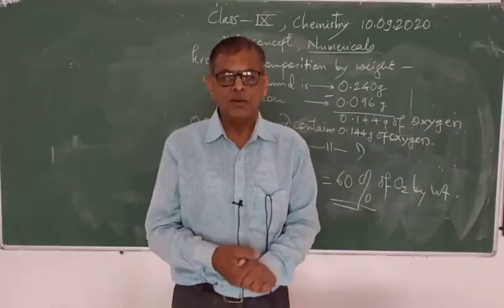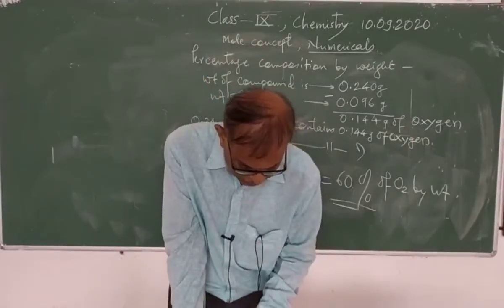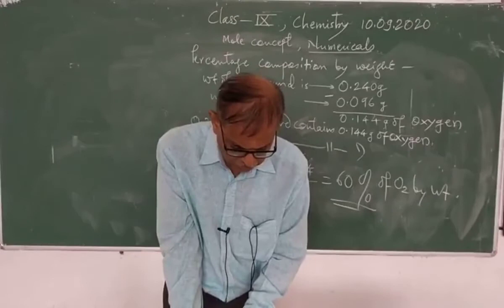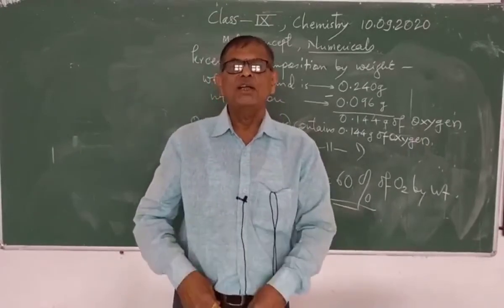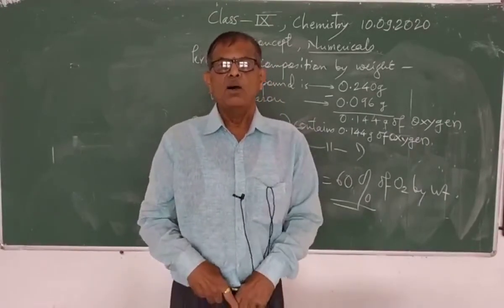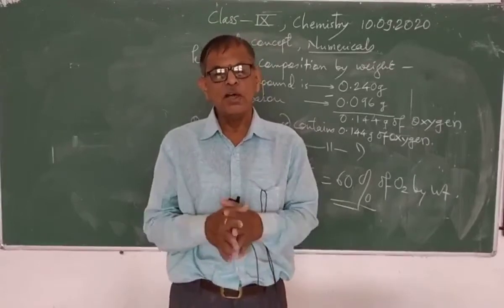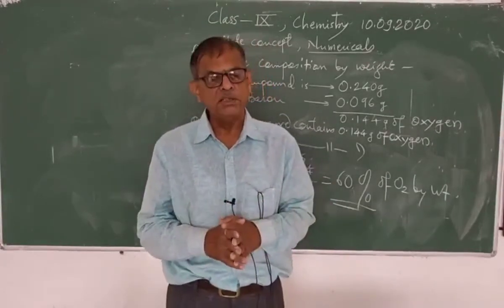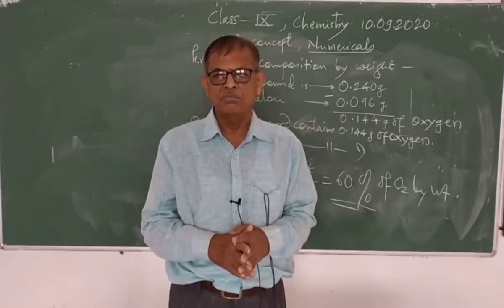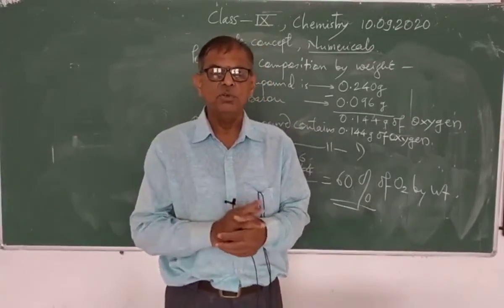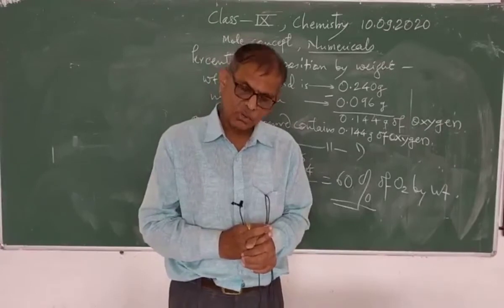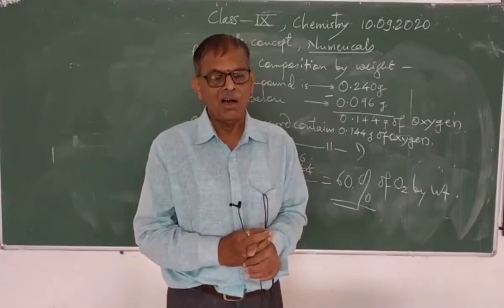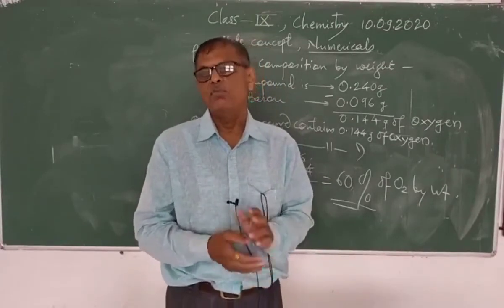So see, what is the mass of 0.2 mole of oxygen atom? 1 mole of oxygen atom means how many grams? 1 mole of oxygen atom means 16 gram. So 16 gram is equal to 1 mole of atoms of oxygen.